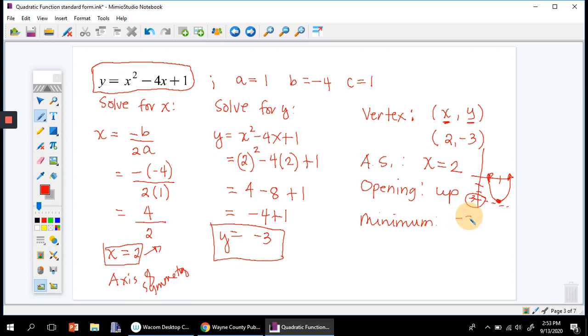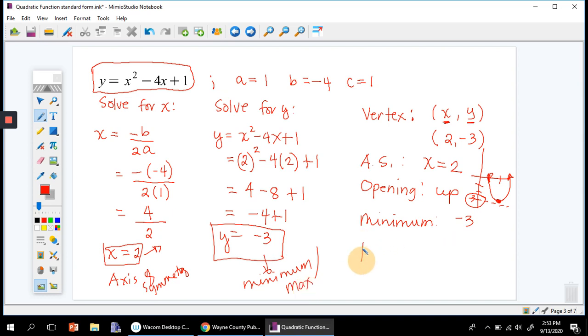That is negative 3. Notice that the minimum or maximum is actually the value of your y. So this is also the minimum or maximum. So minimum, maximum depends on the opening of the graph. And the value is actually the value of your y.